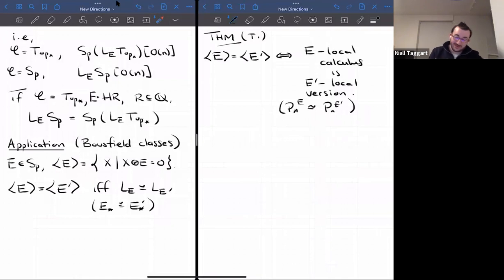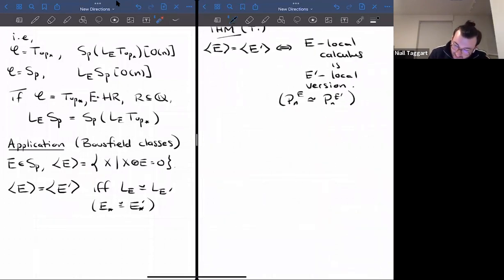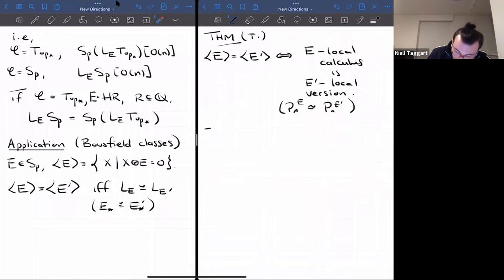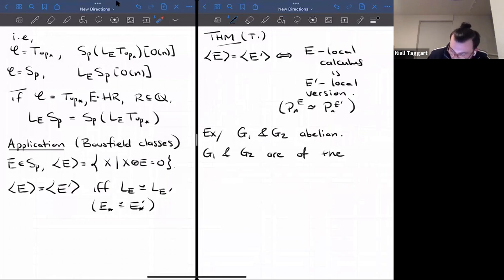So maybe let me end with an example. Let's say I take 2 groups, G1 and G2. Let's just say they're abelian. Then we can say that G1 and G2 are of the same acyclicity type if the following 2 things hold.